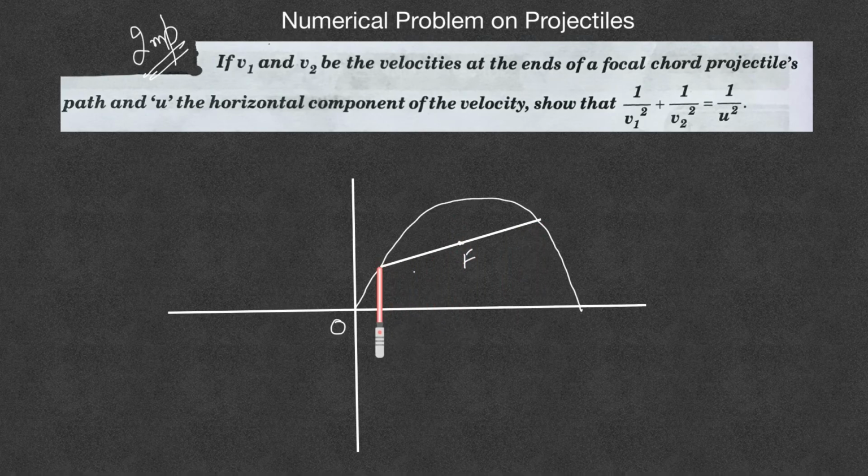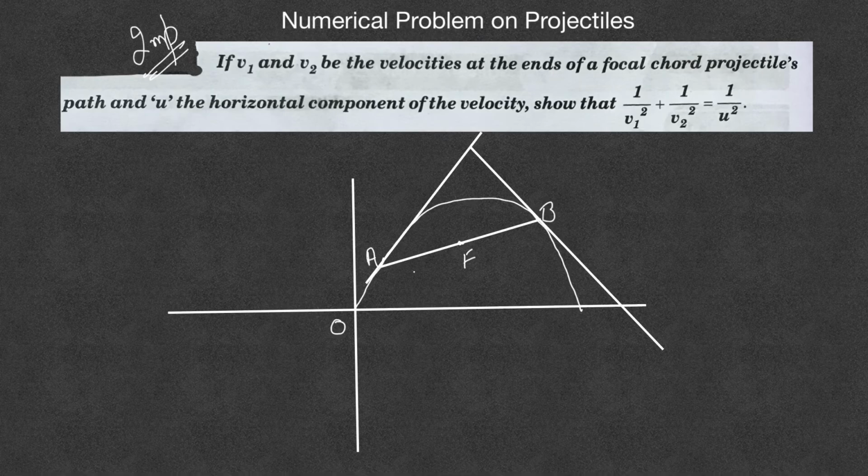Now let us draw the tangent at these points. Say this point is A and this point is B. So these are the tangents at point A and B.